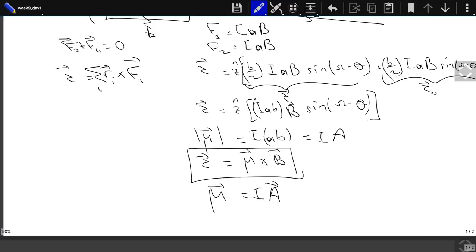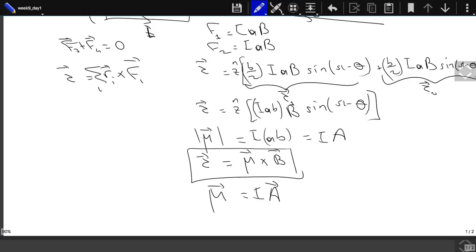We will see that we can create an almost uniform magnetic field just like almost uniform electric field. In the case of the electric field, we said that if we have parallel plates sufficiently large, very close to each other, in that case, the electric field in between will be almost uniform. We will see that there is an analog in magnetic field. We can create a system which has an almost uniform magnetic field.